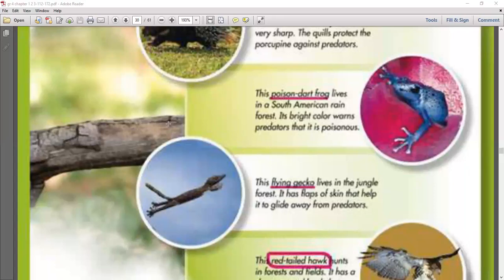It's not a bird. It can fly like a bird, but it jumps from one tree to another tree to protect itself from the predator, to glide away from the predator. Excellent, good job. Close your mic.